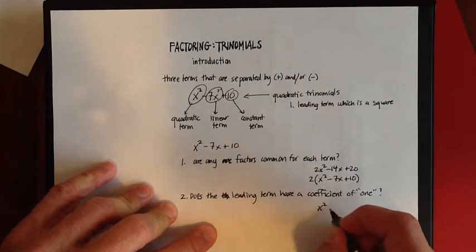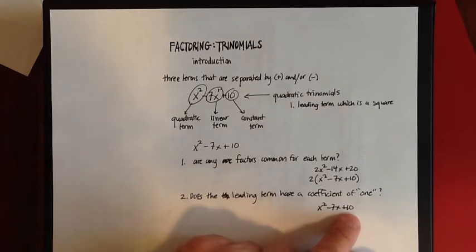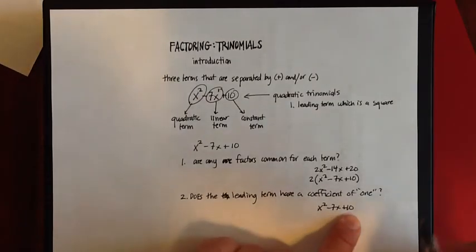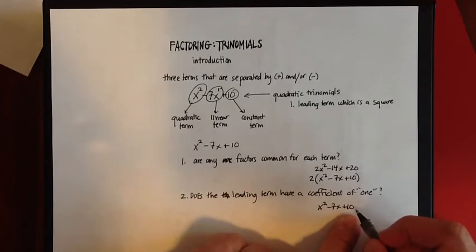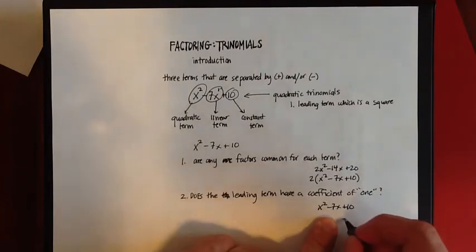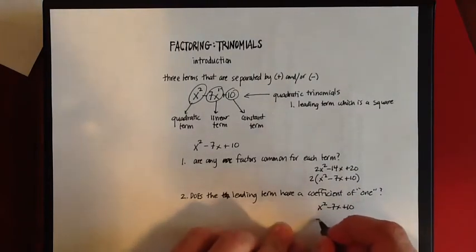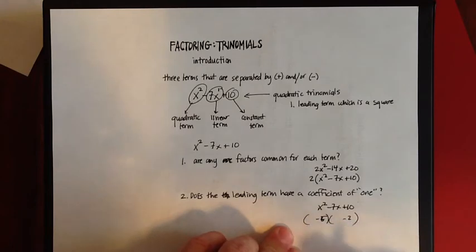So the way you do that, real quickly, is by looking at the last term and asking yourself, are there any factors of 10 that add up to negative 7? And the answer is yes, negative 2 and negative 5. Okay? All right, so negative 2 and negative 5. So when you multiply these two numbers, you get positive 10.